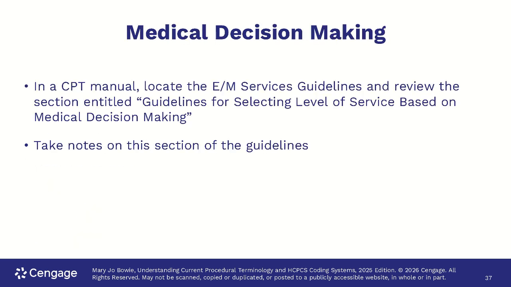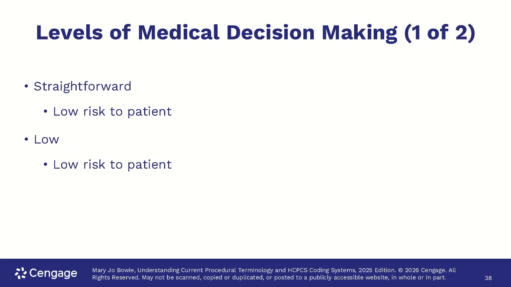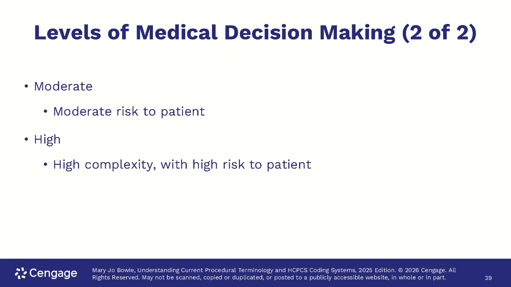Okay. So I'm just going to click through these because I wanted to get to here, which is medical decision making. All right. Now, medical decision making has layers to it. And so, medical decision making, there are four levels. There is the straightforward, which is the low risk to the patient, low, which is also a low risk to the patient.